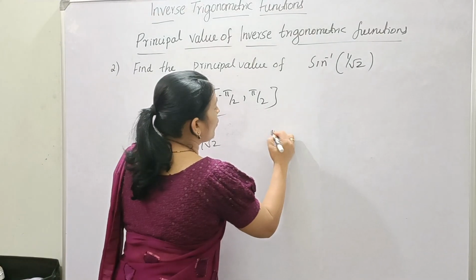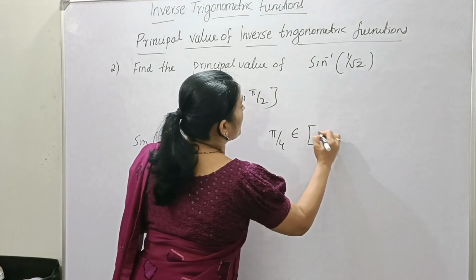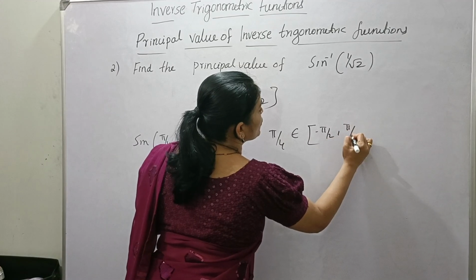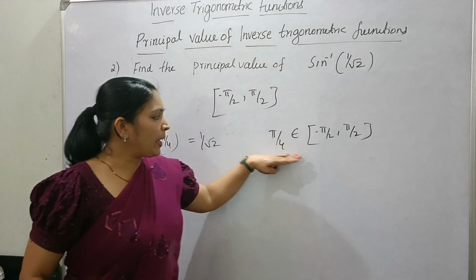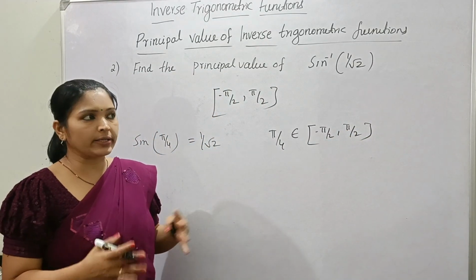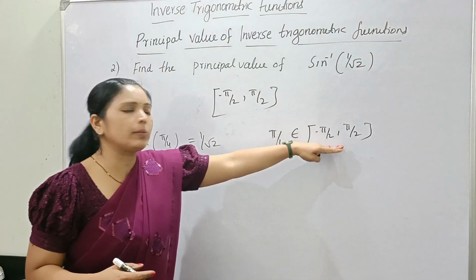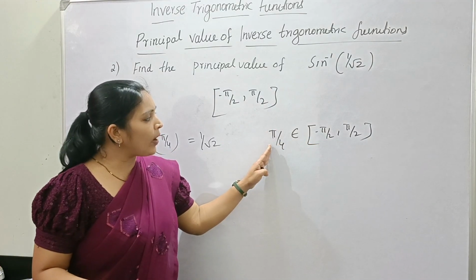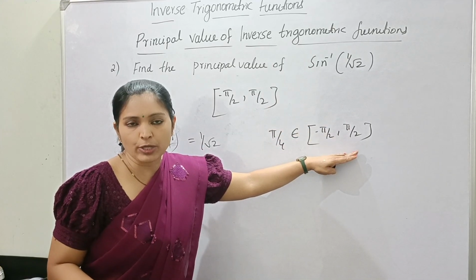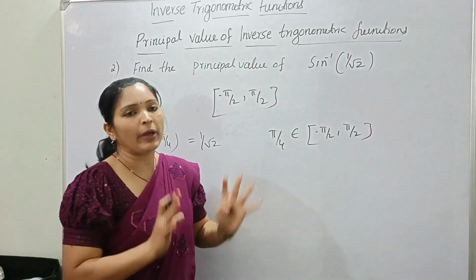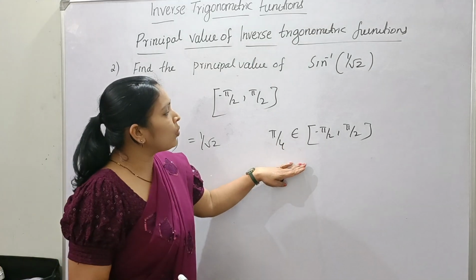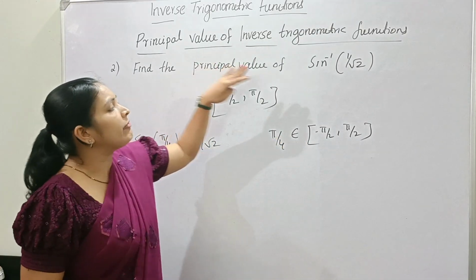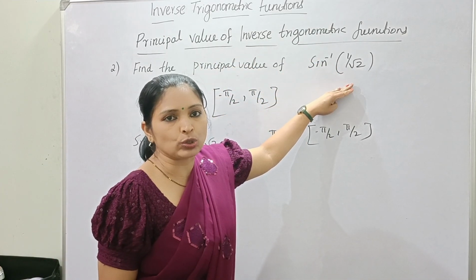And this pi by 4 belongs to minus pi by 2 to pi by 2, right? Pi by 4, that is 1 by 4, quarter, is less than 1 by 2. So this pi by 4 belongs to the interval minus pi by 2 to pi by 2. Therefore, pi by 4 is the principal value of sine inverse 1 by root 2.